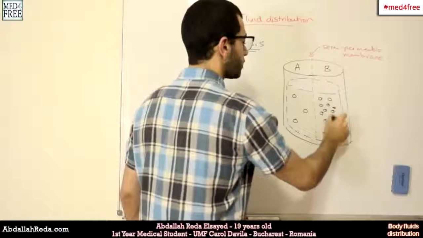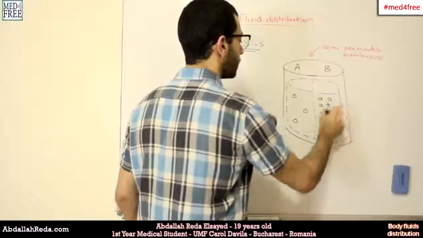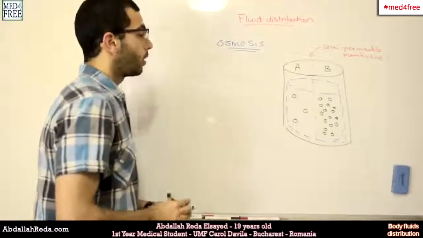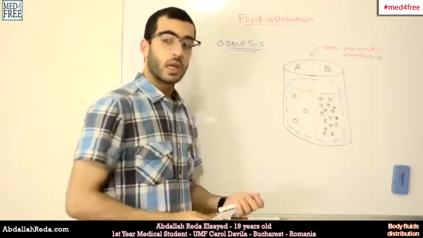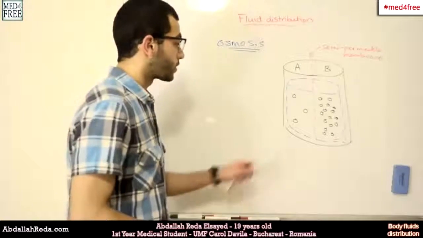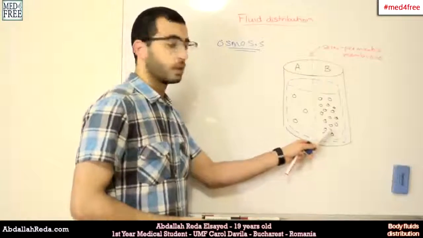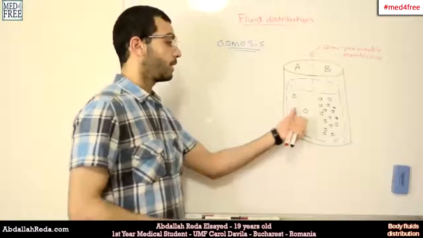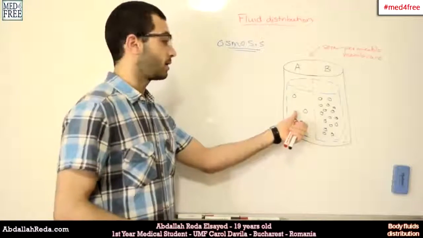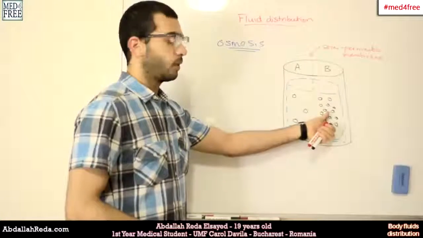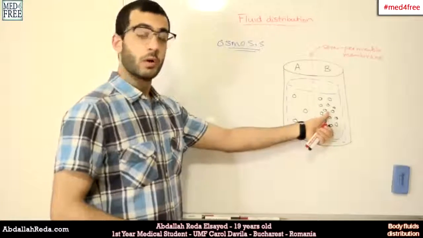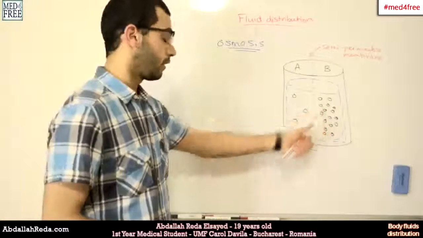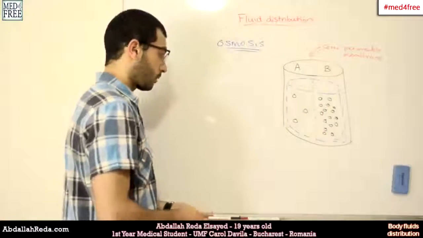What happens in osmosis is that the water will go from the side which has a lower concentration of the particles, or on the contrary, a higher concentration of water, as we can see, to the side with the lower concentration of water, or the higher concentration of particles.